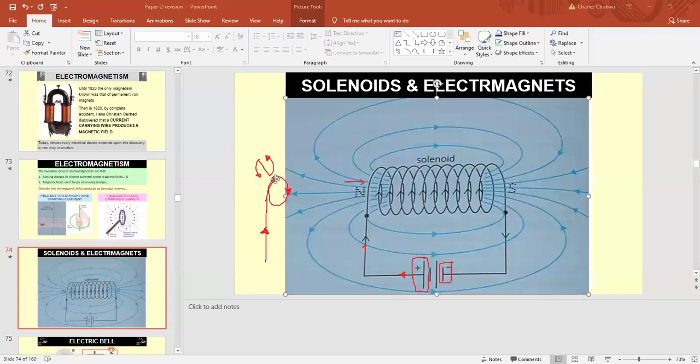So it flows like this, like this, like this, like this. And I think South Pole is like this. Okay. So this is how you can tell the North Pole and the South Pole.